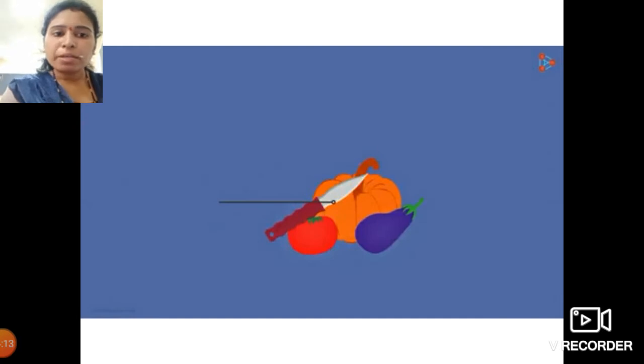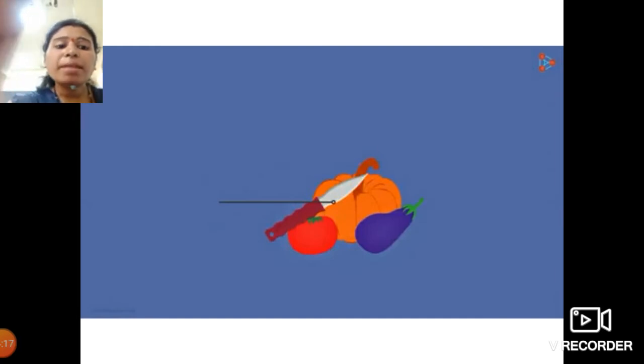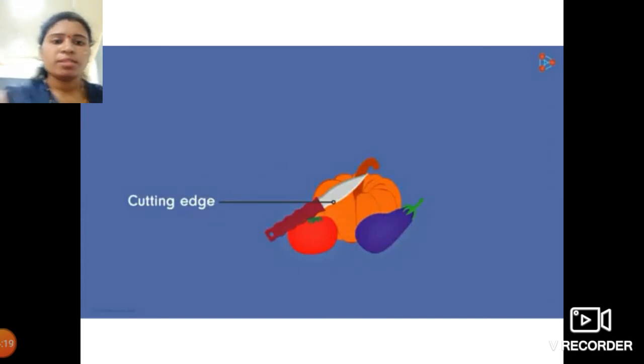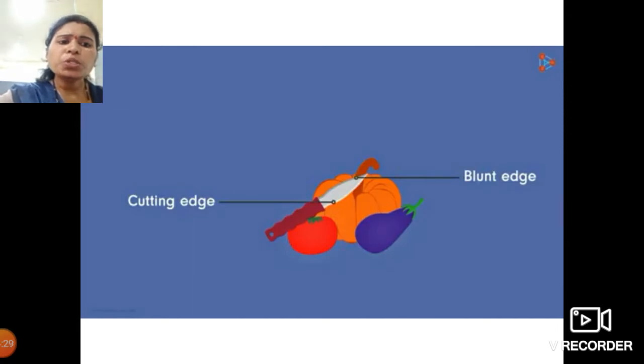But if you use the blunt edge of the knife to cut these vegetables, it will be difficult to penetrate.